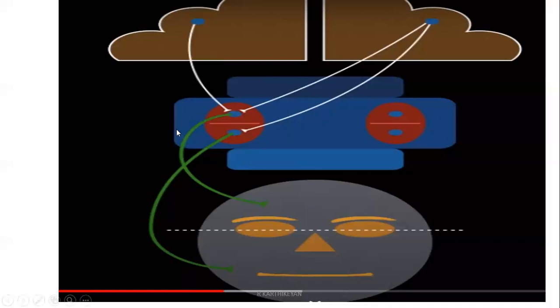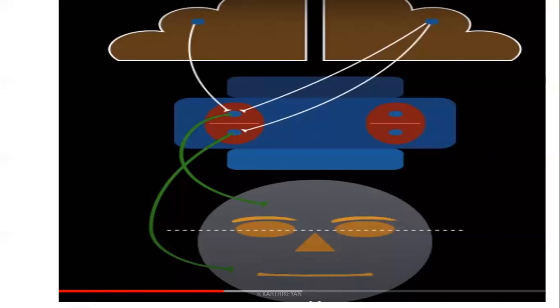Please understand, I told you your nucleus is going to have two parts, your upper part and the lower part. Your upper part of the nucleus is going to receive the efferent fibers from both regions, that is from both the right part and the left part of the cerebellum. And the upper part of this nucleus supplies the upper part of the face.